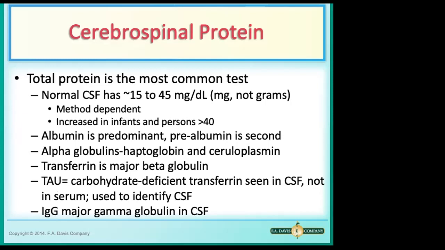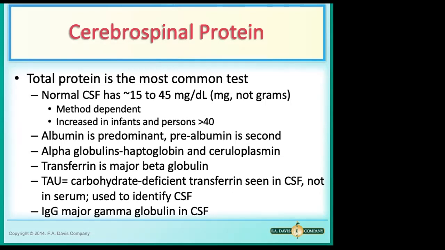Okay. So the chemistry test that we perform often is the protein determination in the CSF. Remember that CSF is formed by filtration of the plasma, and you would think, okay, well, it's formed by filtration.